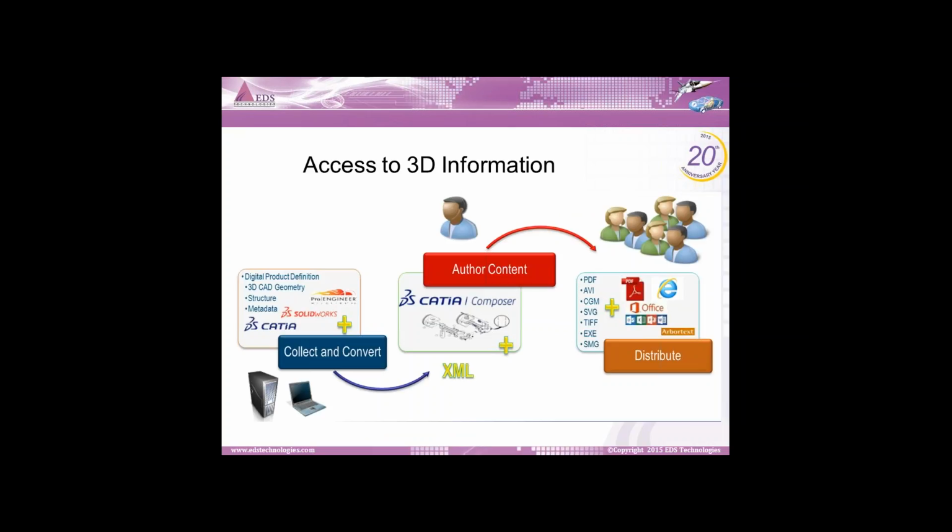I can get a ProE model, I can get a SolidWorks model, and as we are with CATIA, yes, CATIA can also be brought into CATIA Composer. And when it's in CATIA Composer, I can convert those files to PDF, AVI, CGM, SVG, TIFF, JPEG, EXE, or SMG. SMG is the native format of 3D Composer.